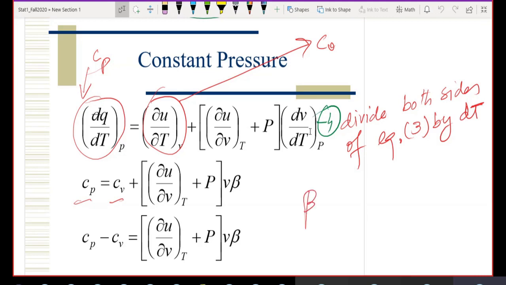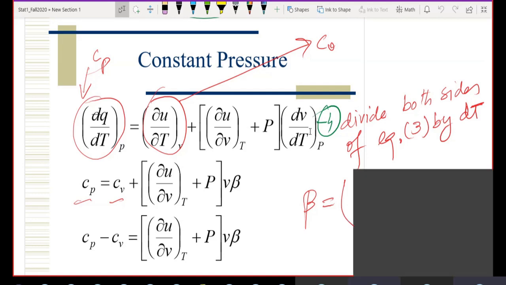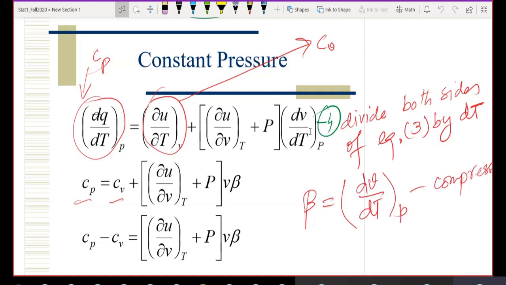Beta is defined as dV over dt at constant pressure. So this is called compressibility. Or volume. No, not compressibility, something else. Anyhow, for the time being, you just remember that it is known as beta. Okay, question?